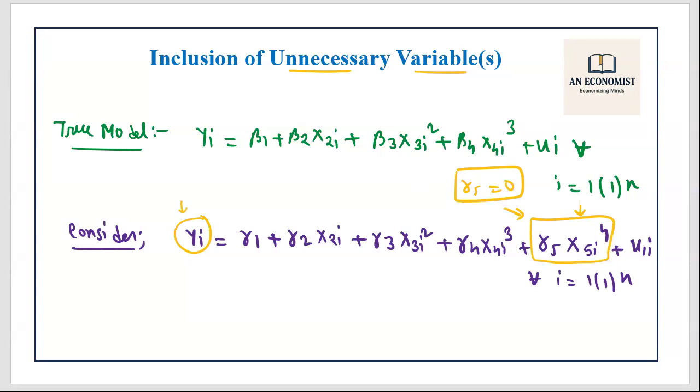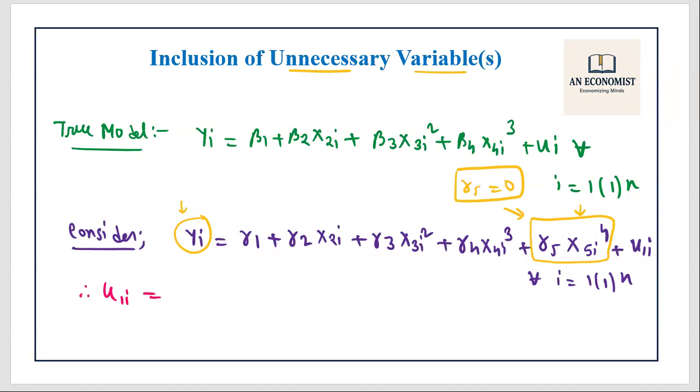But still, if you include it by mistake, and we are talking about mistakes here, what kind of mistakes researchers can commit in research work, that is what we are discussing. So mistakenly, they have included x5 as an explanatory variable in the model. In that case, what will happen? What will this u1i be now?